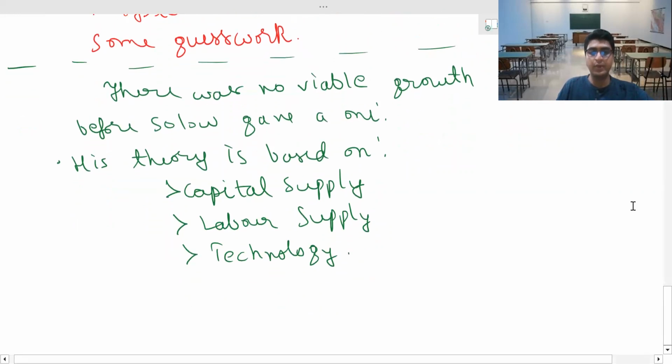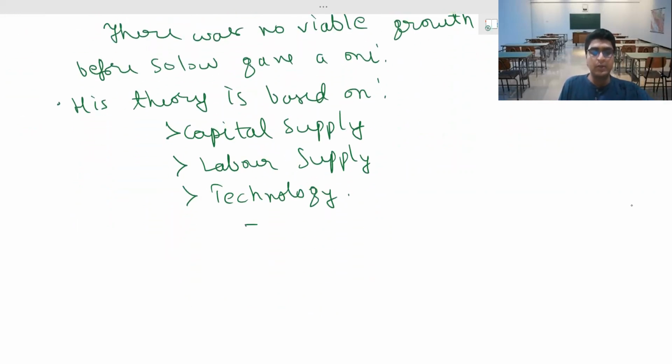Okay. So it is also called innovation waves. Solow called them innovation waves. And these innovation waves are growth transformers.